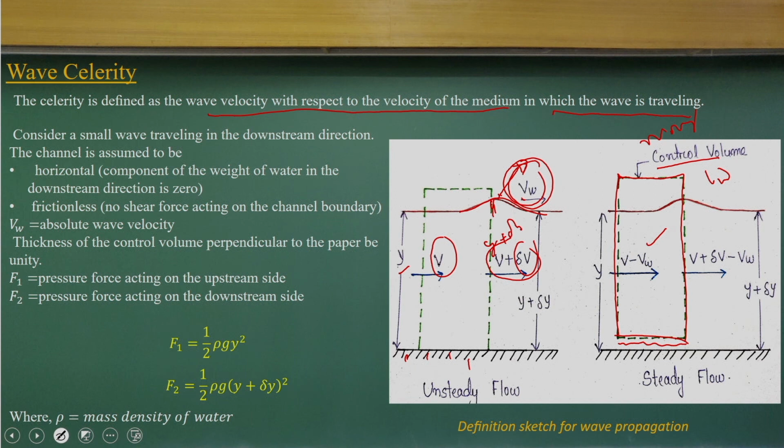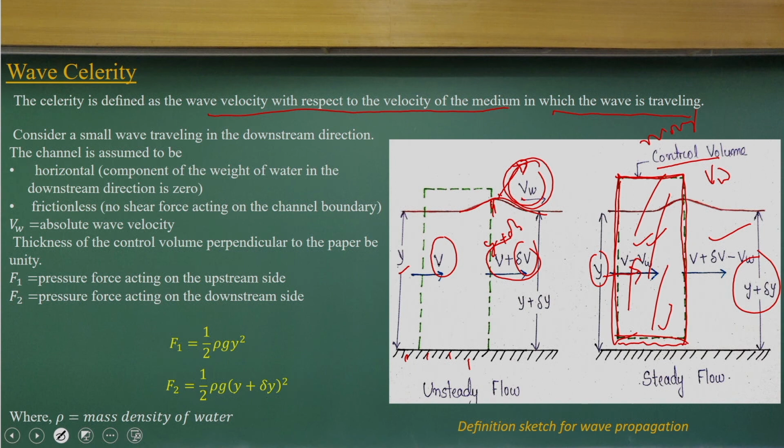To consider this unsteady problem, we consider a moving control volume with Vw velocity, and we change the relative velocity components, and we have the depth y and y plus delta y.